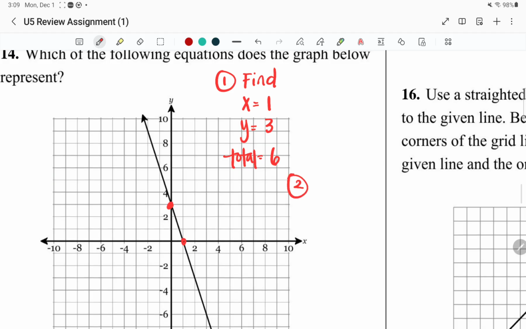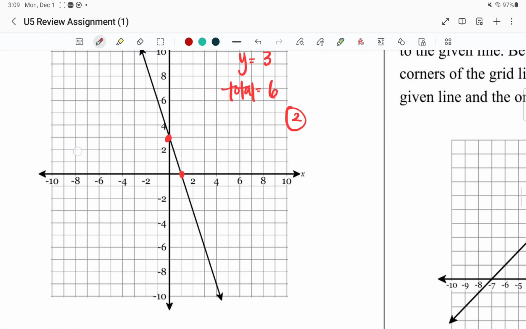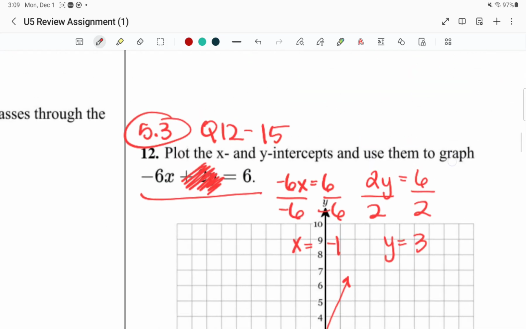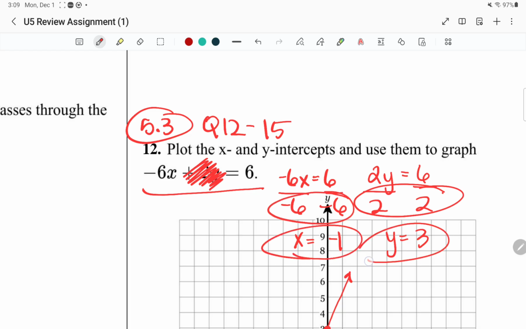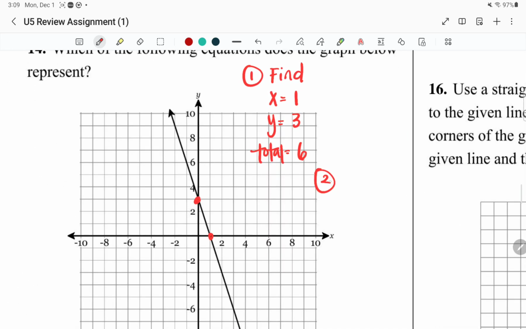And then step 2 was to undo the intercepts to find the coefficients. So we're going to do exactly what we just did. We're going to divide the way we divided the coefficients here to find the intercepts. We're going to divide the intercepts to find the coefficients. So 6 divided by 1 is going to be our x, and 6 divided by 3 is going to be our y.